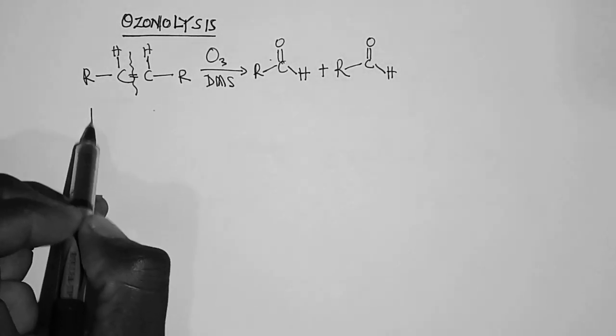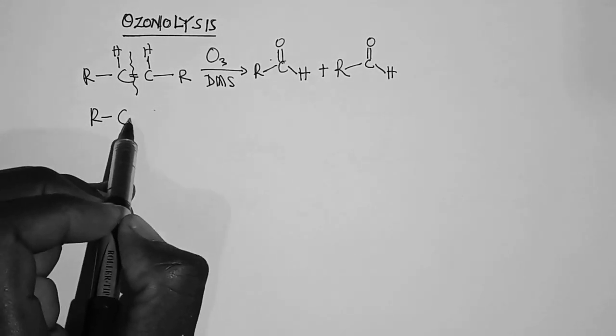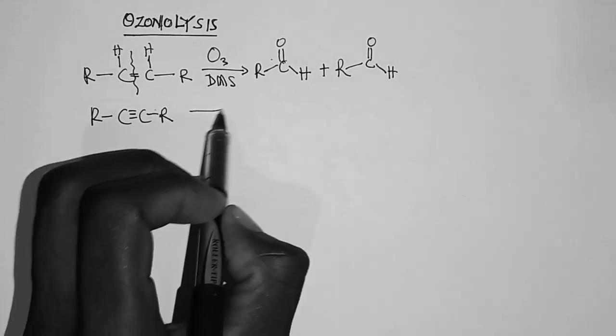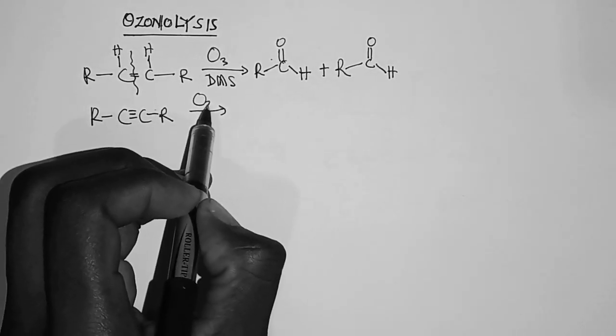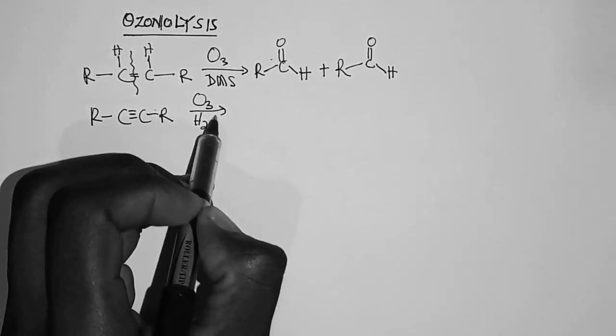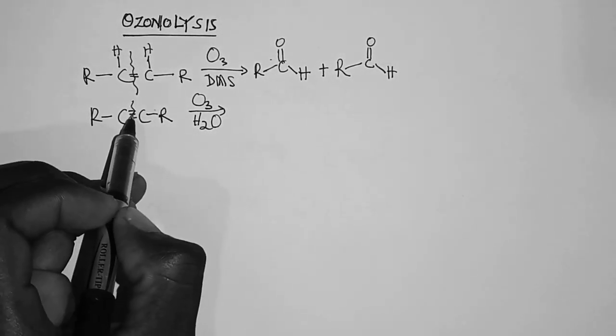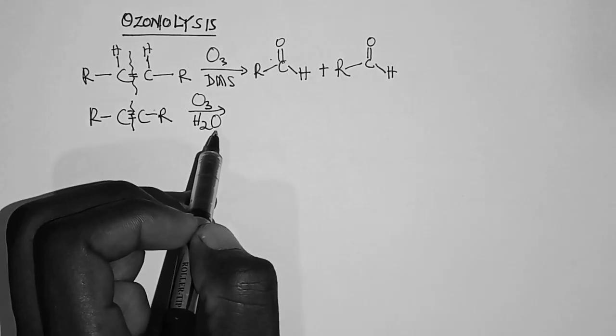On the contrary, if we put in an alkyne and then we use ozone in water, then we are going to convert this alkyne into carboxylic acids.